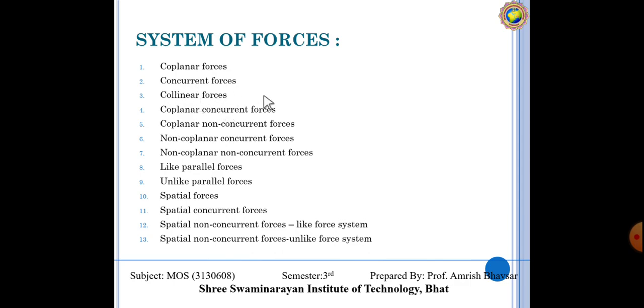Second one is concurrent force, means forces are acting on a single point of a body, that is called concurrent forces. Number 3, collinear force, means forces are acting in a single line, that is collinear forces.